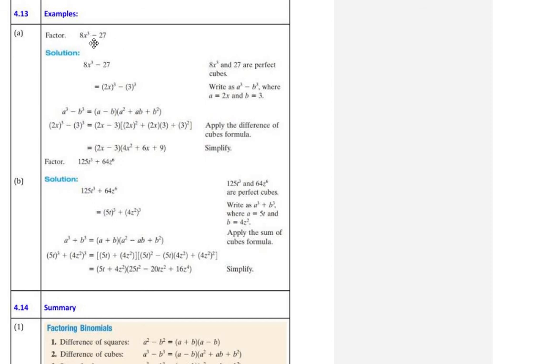There's a difference there. And that tells me that it can be the difference of cubes, or it can be the difference of squares, but I cannot find the square root there. I can find the cube root, 2 times 2 times 2, 3 times 3 times 3. Therefore, I can factorize it.